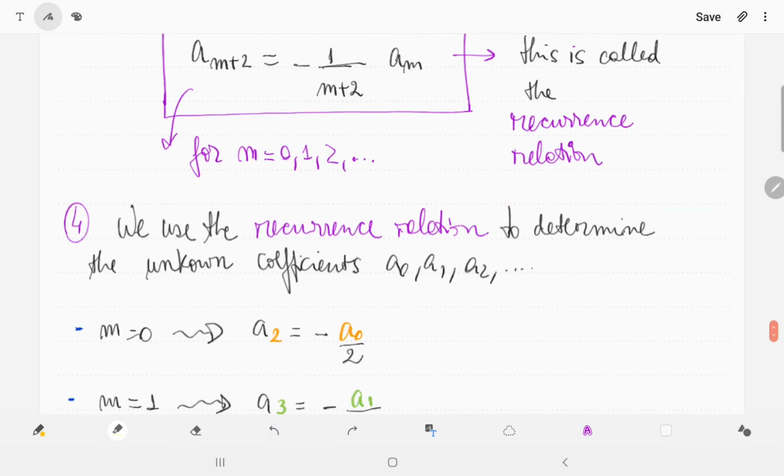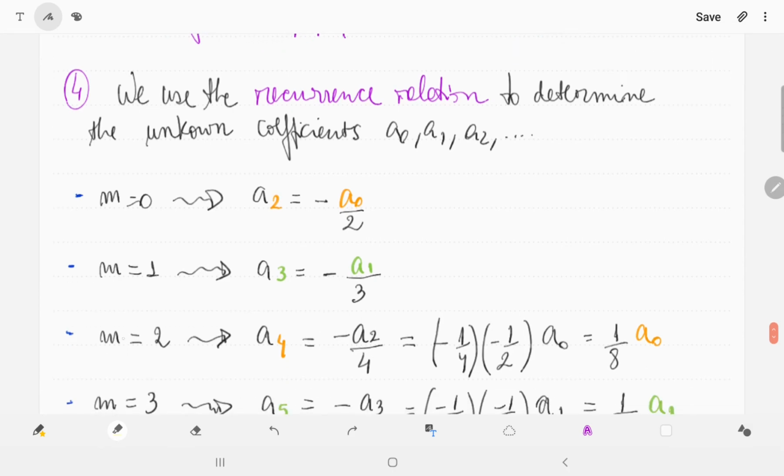And we do this for these values of m. For m equal 2, you can see that you get a4 here, minus a2 there, but now we can use that we already know that a2 is this. So we put this information here, and we finally get that a4 is 1 over 8 a0.